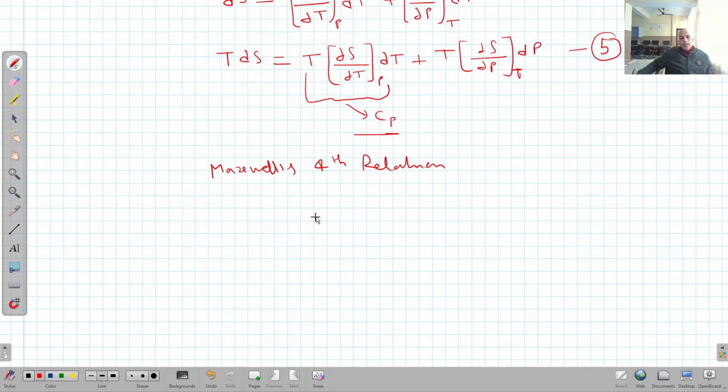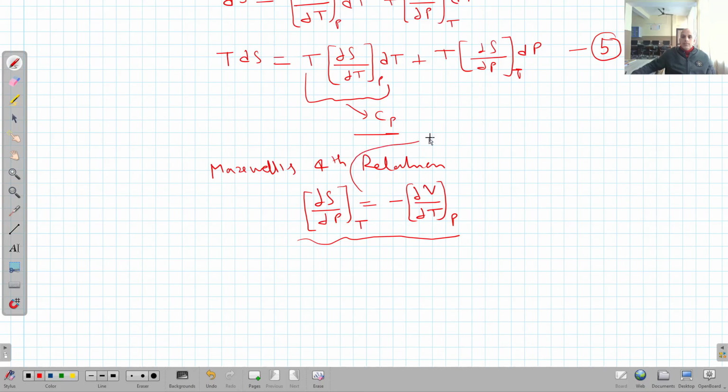We have (∂S/∂P) at constant T is equal to minus (∂V/∂T) at constant pressure. Clear? So I'm going to use this value here. Clear? And this value here.